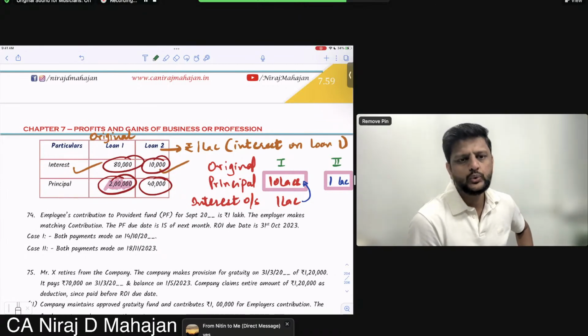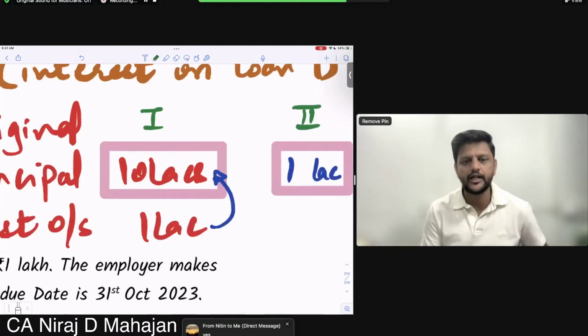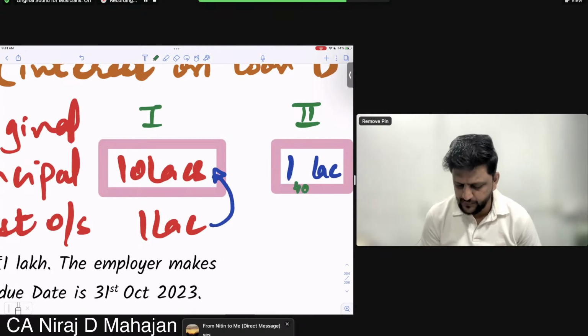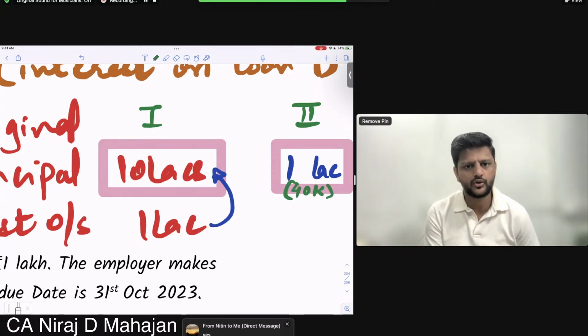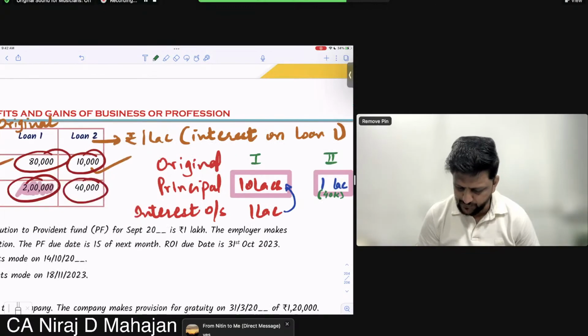Loan 2, principal how much has he paid? 40,000. Out of that 1 lakh, towards principal. Yes or no? And what about interest? On loan 2, I told you it is converted into a new loan. Of that he has paid 10,000.